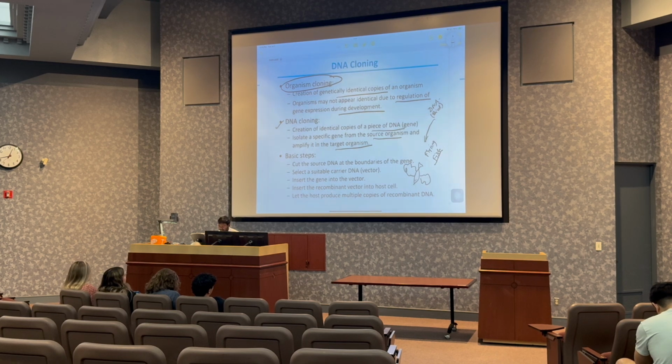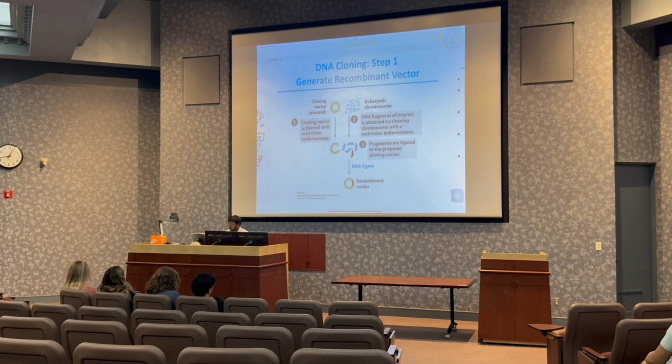So the basic steps: you have to cut the DNA from the bird, and carry this DNA in a vehicle. I call it vehicle, or vector. Then insert the recombinant DNA into the host. You can insert that into a fish, and then produce multiple copies of the recombinant DNA. It's doable.